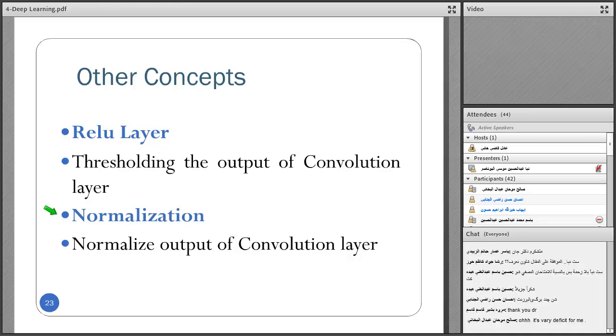So we are normalizing the output of the convolution. So the ReLU layer and the normalization layer are two layers after the convolution.